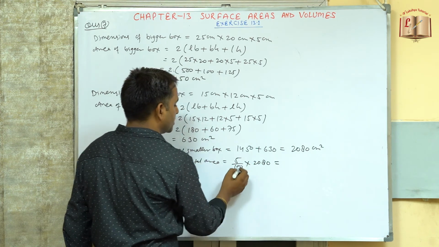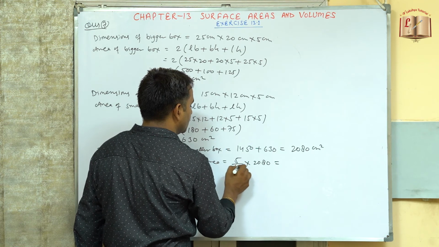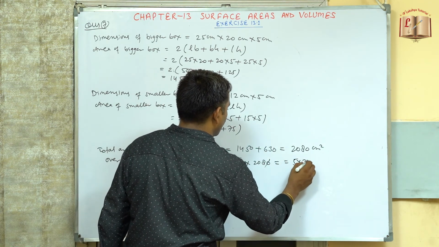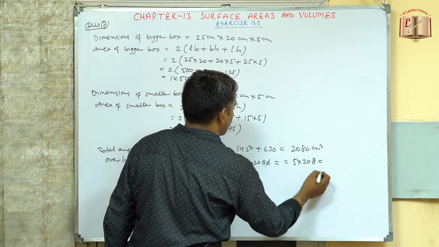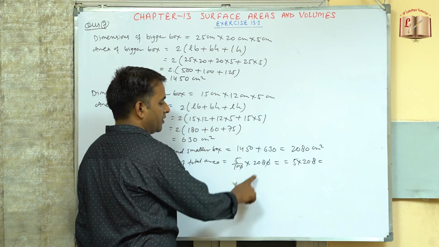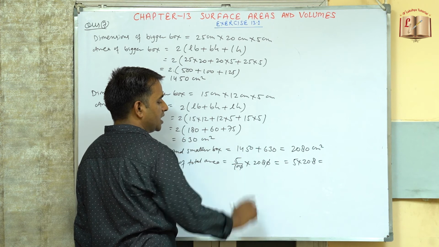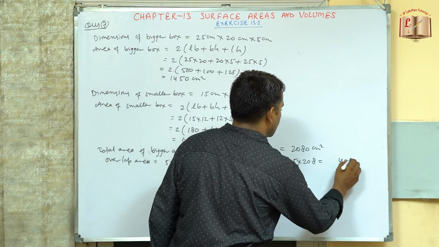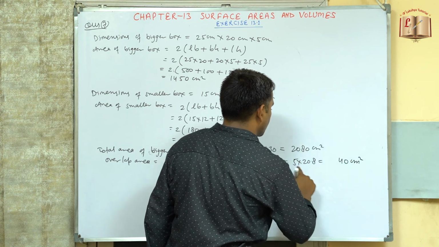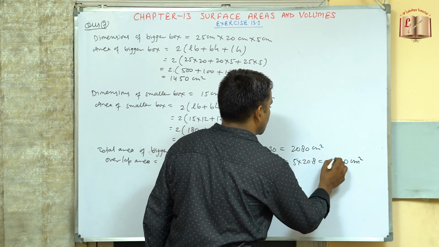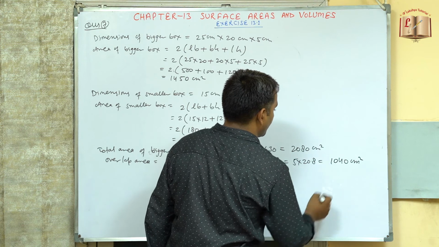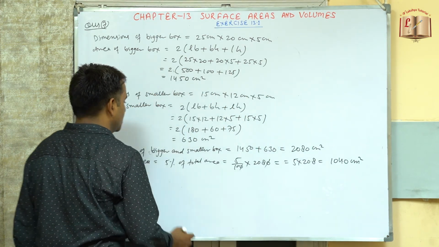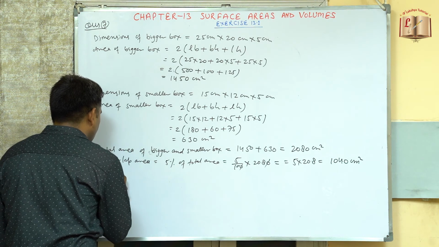If we cancel this 0 with that 0, this will be 5 into 20.8. अभी 10 से यहाँ पे डेसिमल लगा लिया. This is 20.8. Now 5 8 ja 40 and 5 2 ja 10. So this is now 104 centimeter square.